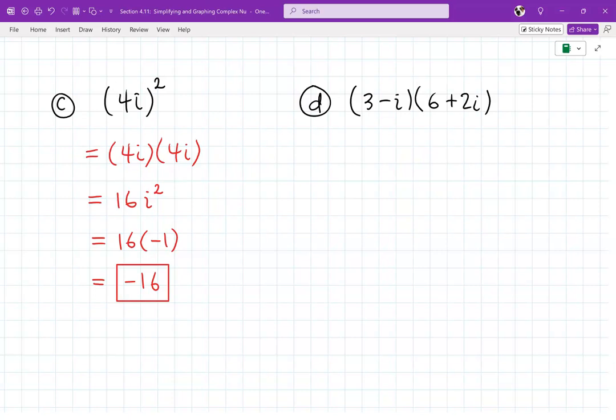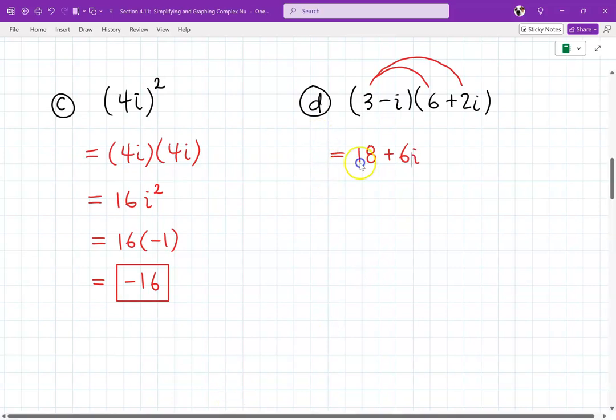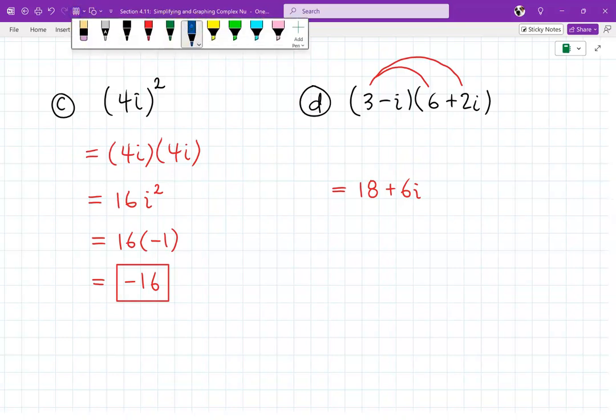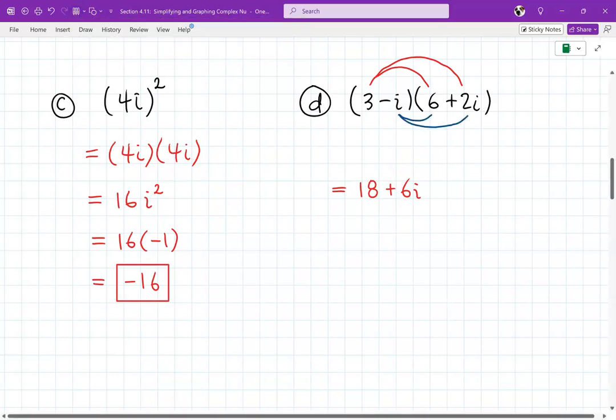So, all right, part D, we're just going to do what we normally do, distribute. So I'm going to multiply 3 times 6 and 3 times 2i. So 3 times 6, that's 18. 3 times 2i, that's positive 6i. Okay, let me move this down just a bit. Right there. And then I'm going to multiply negative i times 6 and negative i times 2i.